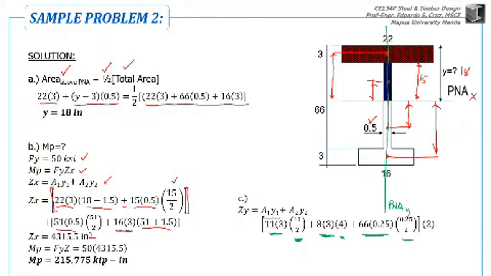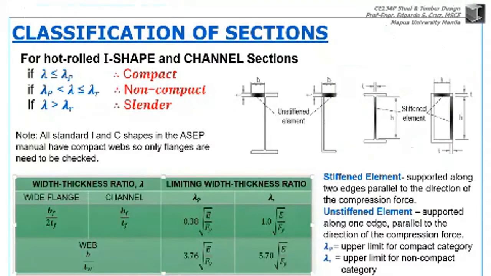Yun yung lahat para sa left side. How about yung right side, yung A2, Y2? Parehas lang, diba? So, I just multiply everything by 2. Then finally, that would give you the Zy, 559.125.